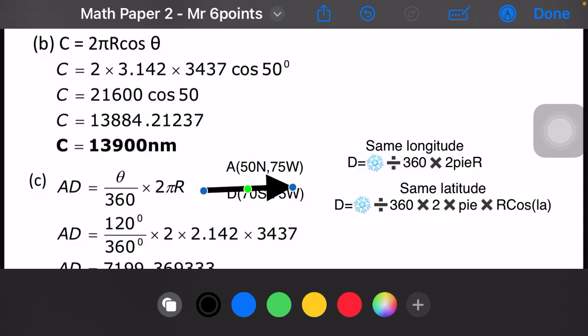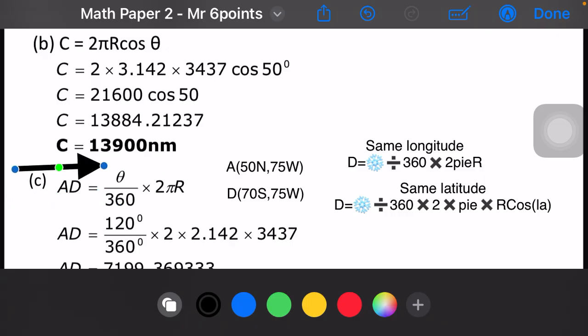Using the formula I told you earlier in this video, you just say latitude, longitude. In this case, what is the same is the longitudes. So you use the formula for longitude, which says distance is equal to theta divided by 360 times 2 pi times r. This is why we have used this formula here.